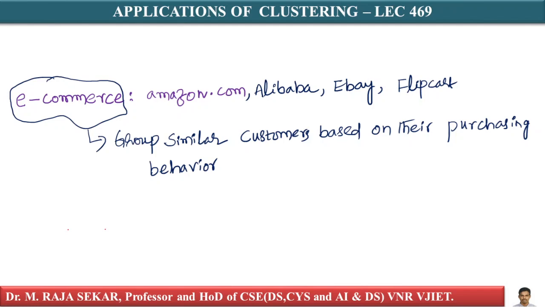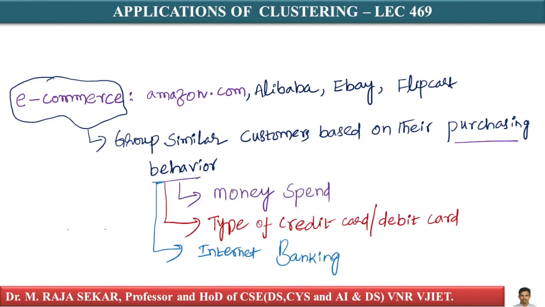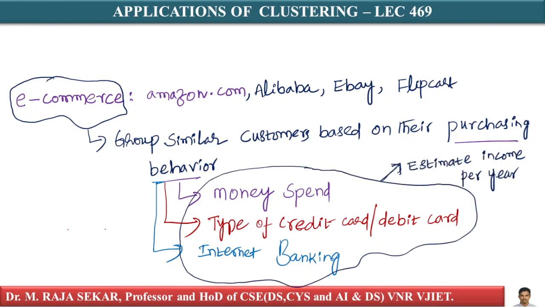Purchasing behavior could be lots of things, like how much money they spend per week or per month, what type of credit or debit card or internet banking they have, how much they typically spend, and what type of products they buy. Of course, using some of this data, e-commerce companies also roughly estimate your income per year.